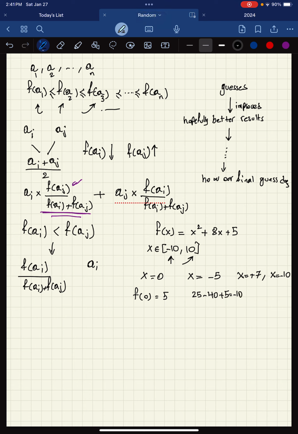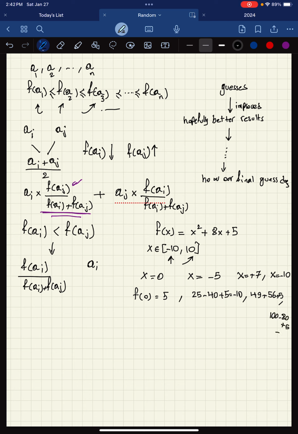Then for plus 7, it is going to be 49 plus 56 plus 5, which is really big. And then minus 10, it's going to be 100 minus 80 plus 5, which is 25.